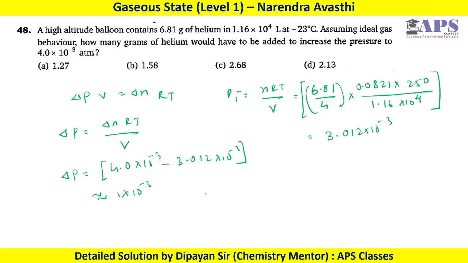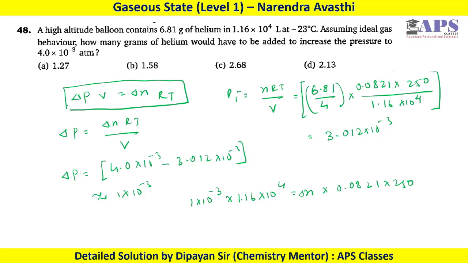So 1 into 10 to the power minus 3 multiplied by 1.16 into 10 to the power 4 equals delta n into 0.0821 multiplied by 250, that is delta PV equal to delta n RT.